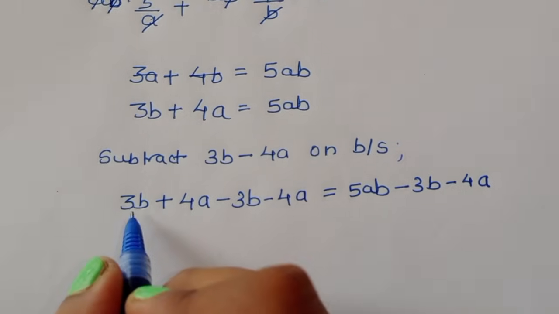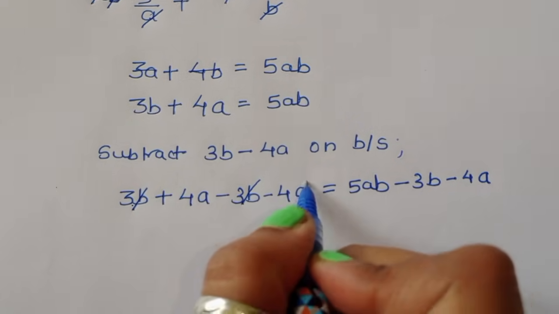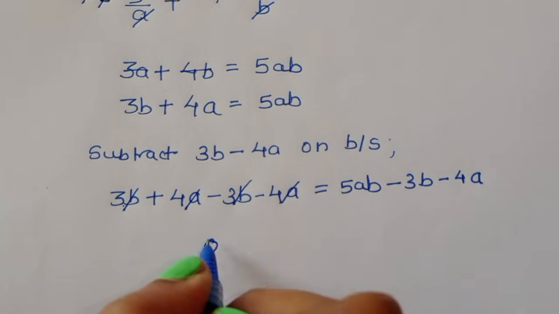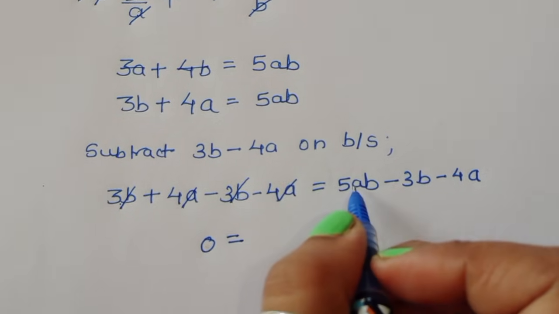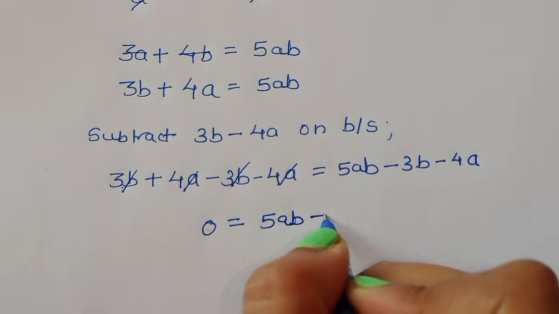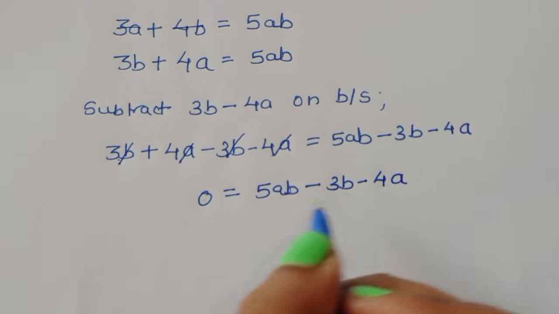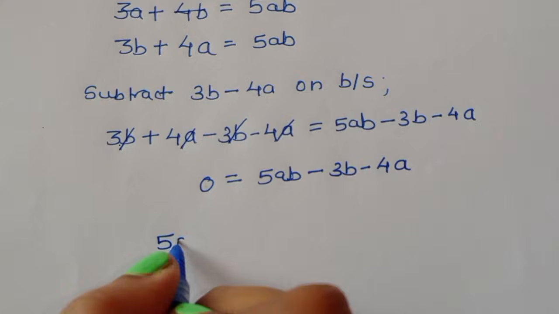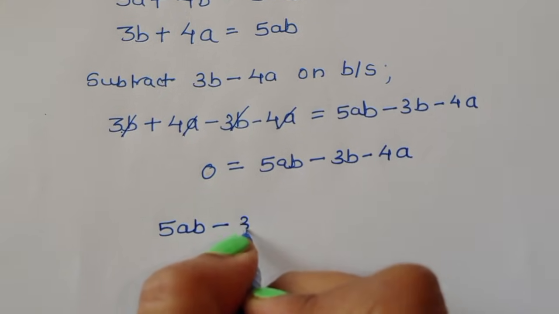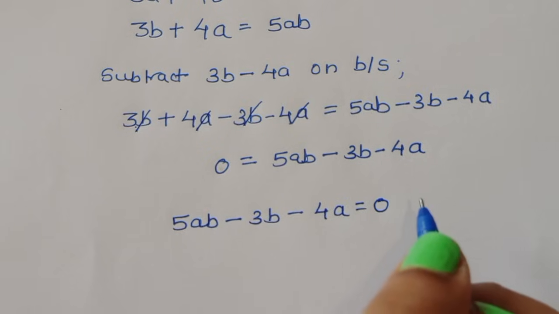Now 3b minus 3b and 4a minus 4a become 0, so 0 is equal to 5ab minus 3b minus 4a. So we can write 5ab minus 3b minus 4a equal to 0, right?